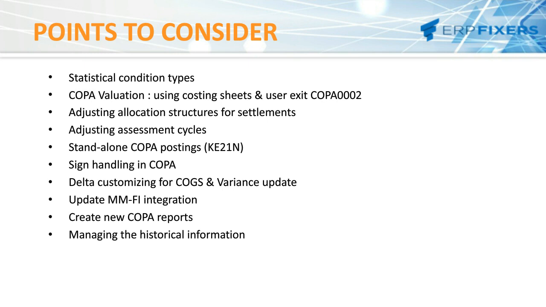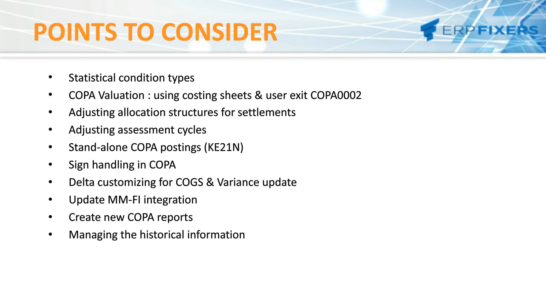So the users will have to get used to the new way of looking at the signs in the account-based COPA reports. Then, of course, in S4HANA, SAP also gives you the option to split the manufacturing variances as well as the cost of goods sold.